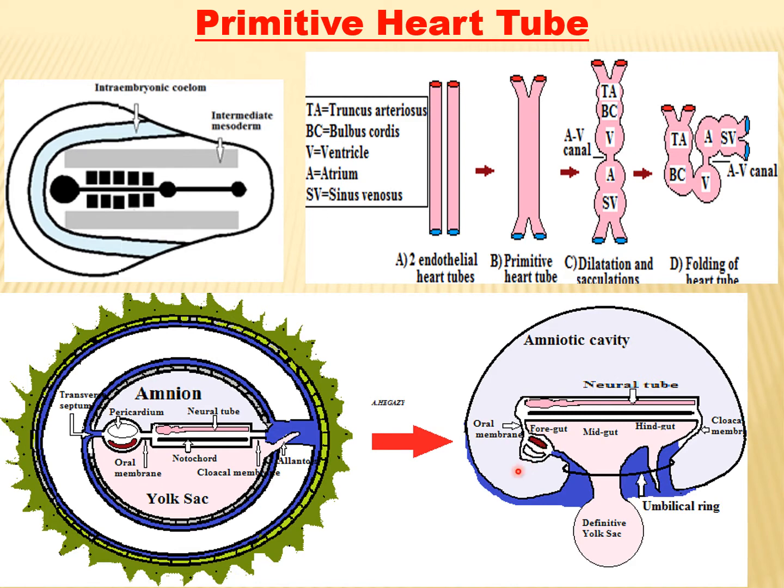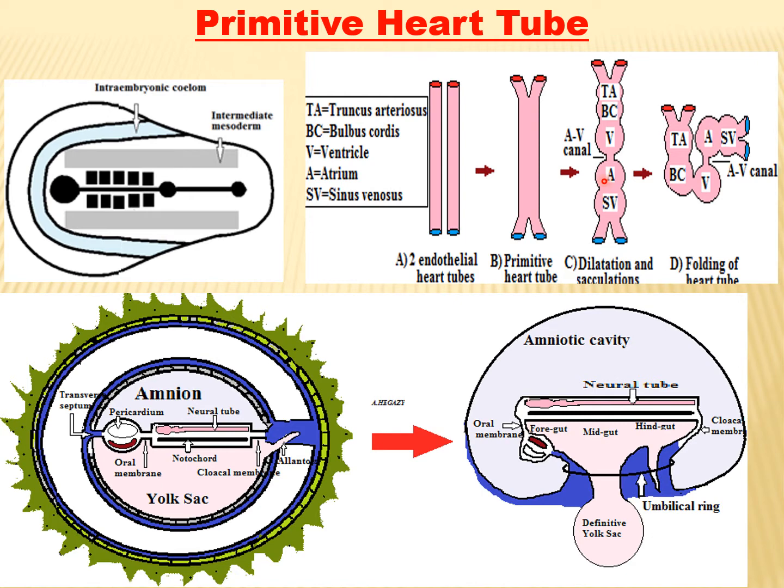So the transverse sinus occurs in between the two ends of the folded heart tube, between the arterial and venous end of the heart tube, the transverse sinus of the pericardium. Then folding of the heart tube results in the atrium lying above the ventricle, connected together by the atrioventricular canal, instead of the previous ventricle lying above the atrium.